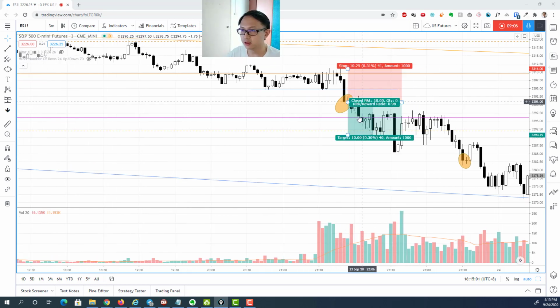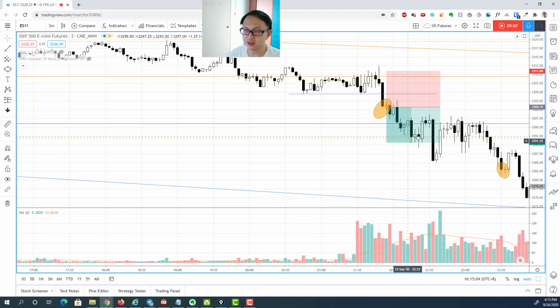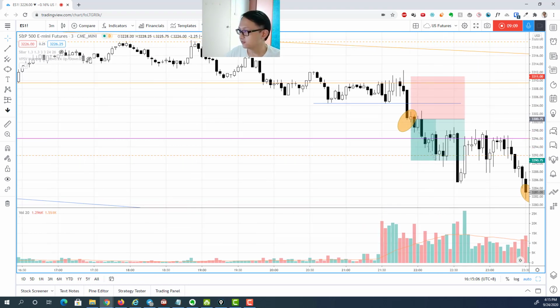So let me zoom in a bit more here. You can see, right after the US opening session, we have quite a few rejection tails. So we have 1, 2, 3, 4 rejection tails. It is quite tempting to short right at this second bar here.